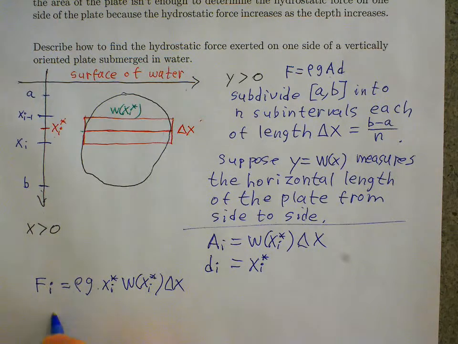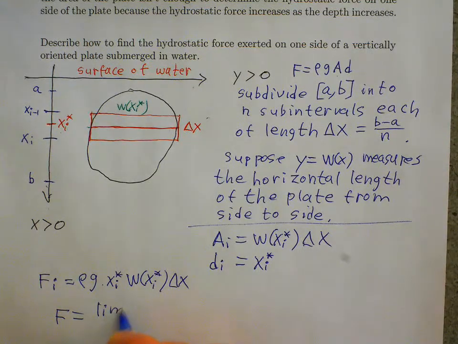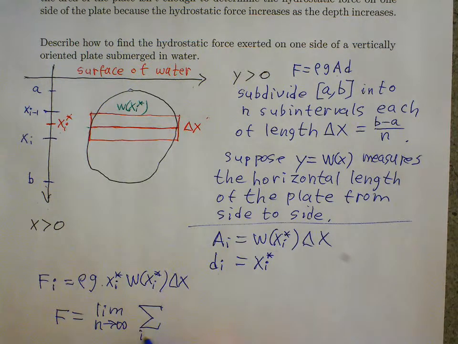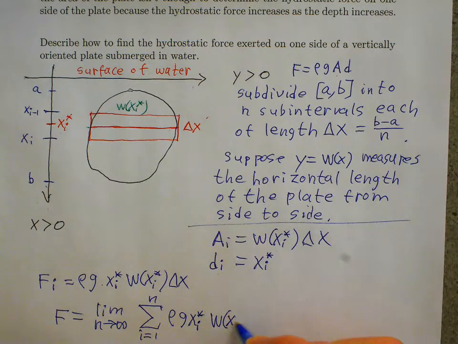And so the total hydrostatic force exerted on one side of that is going to be equal to the limit as n approaches infinity of the sum of those n terms, i equals 1 to n of rho times g times x sub i star times w of x sub i star times delta x.